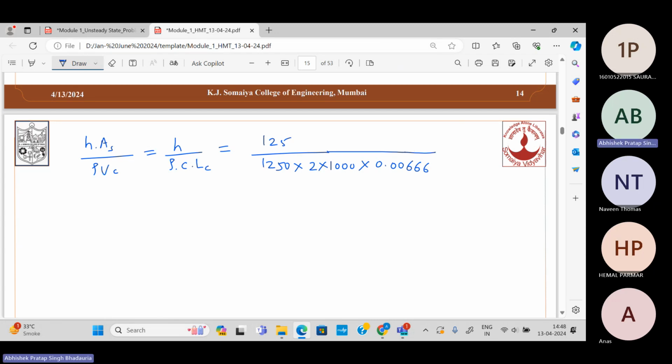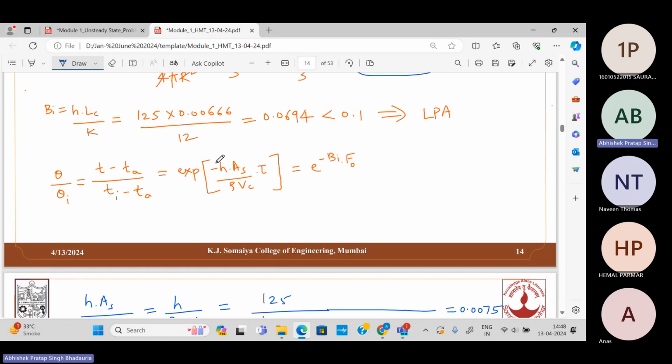Okay, so we have determined this. Now we are putting all these values in this expression. So the calculated value is 0.0075. Okay, so we got this value.